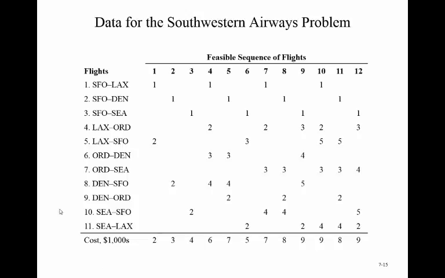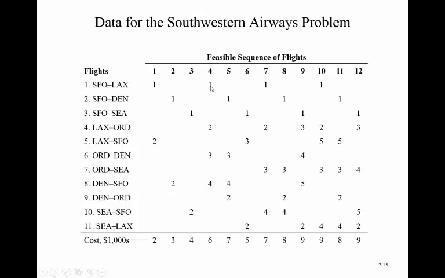For example, this first column would be one possible route: a flight crew starts in San Francisco, goes to Los Angeles, LAX, and then flies from LAX back to San Francisco. In other words, they have to start and finish back in San Francisco. Here's another one, San Francisco to Denver in the second column, and then Denver back to San Francisco.